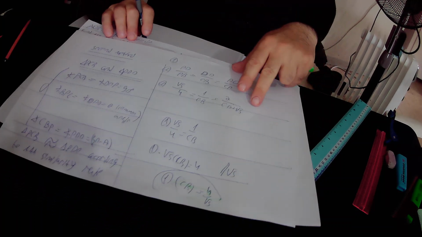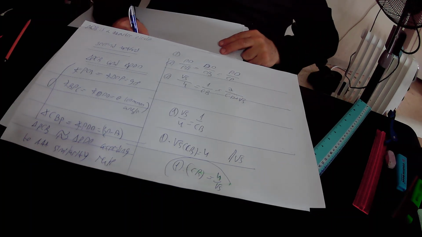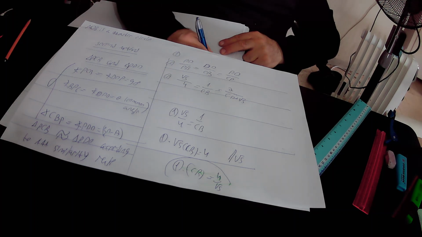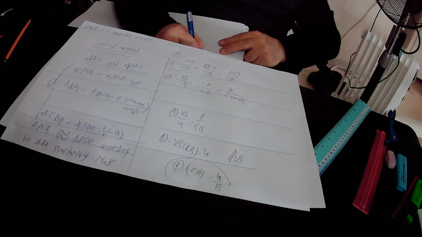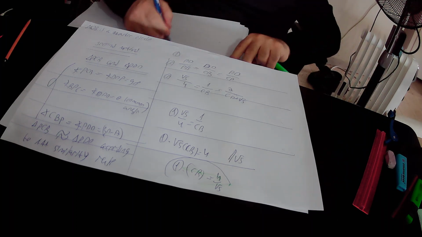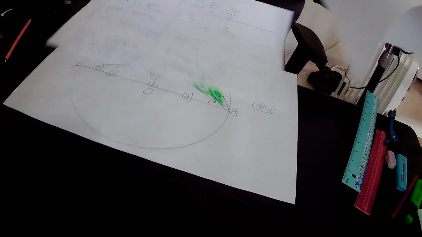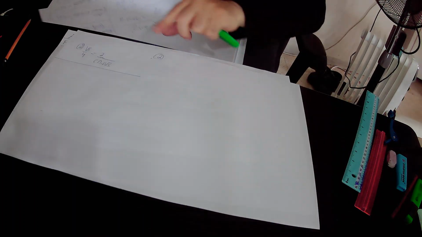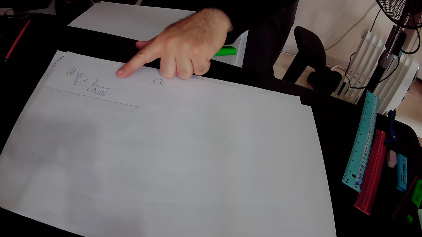So according to equation 2, we get that square root of 5 over 4 equals 2 over CD plus square root of 5.